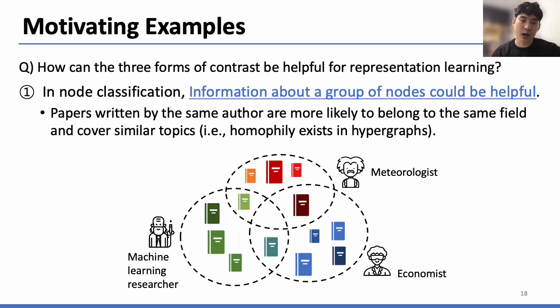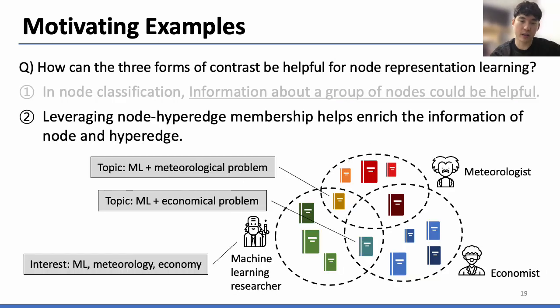We can say that homophily exists in hypergraphs. Thus, high-quality author information could be useful in inferring the field of the papers he wrote, especially when information about the paper is insufficient. Furthermore, leveraging node-hyperedge membership helps enrich the information of each node and hyperedge.